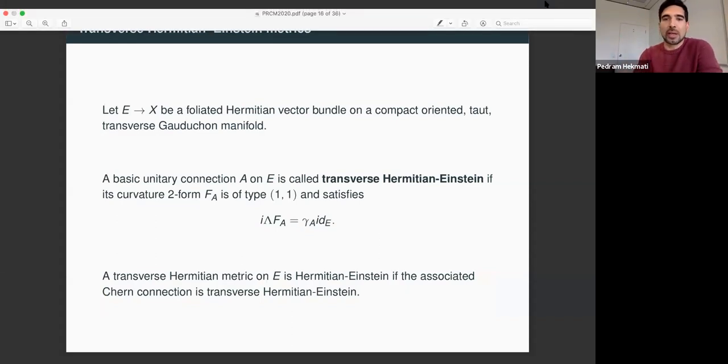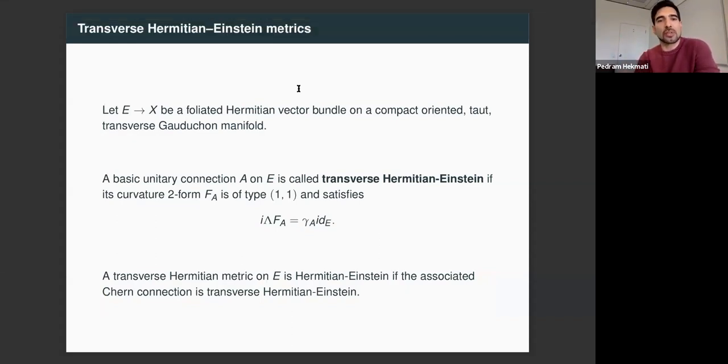So we can define one side of the Hitchin-Kobayashi correspondence, namely a metric on a foliated Hermitian bundle over a foliated Gauduchon manifold is transverse Hermitian-Einstein if the Chern connection has curvature of type (1,1) and satisfies this.